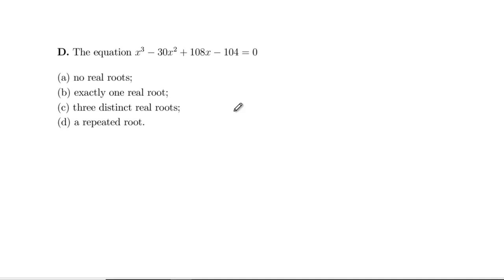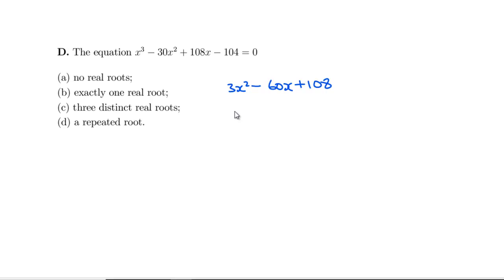The equation has how many roots in all of this? Okay, that doesn't look that fun, and I'm not going to be able to get any nice factor pulled out of this. So let's differentiate: 3x squared minus 60x plus 108.